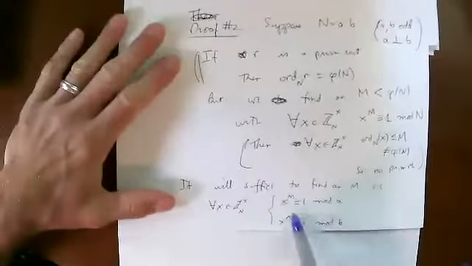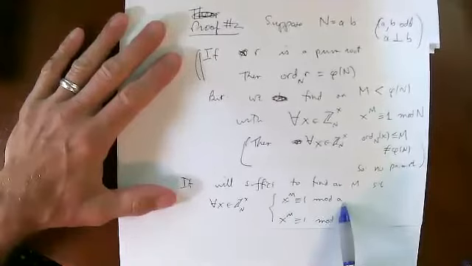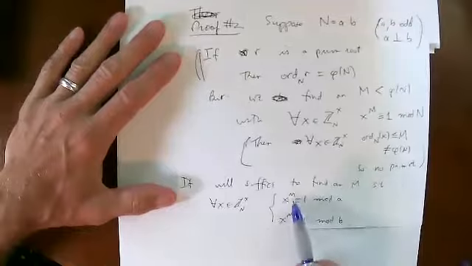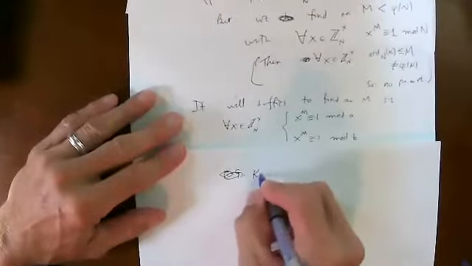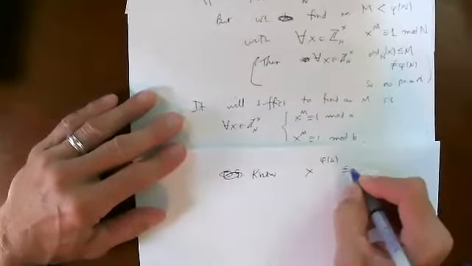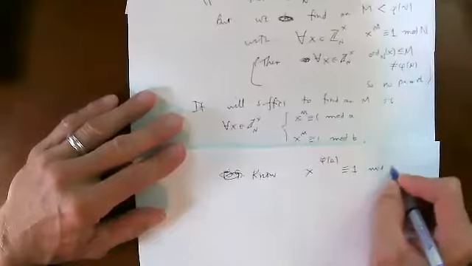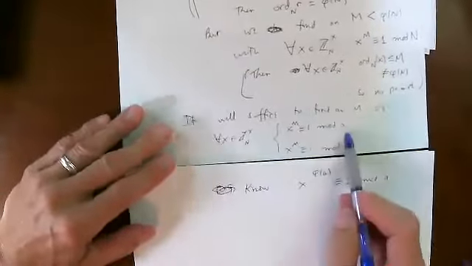Well, I can do that. I could, at a minimum, use Euler's theorem to find such an exponent that would work in this case. So we do know that x to the phi of a is always congruent to 1 modulo a, because if you have a congruence class that's invertible mod n, it'll also be invertible modulo any divisor of n.